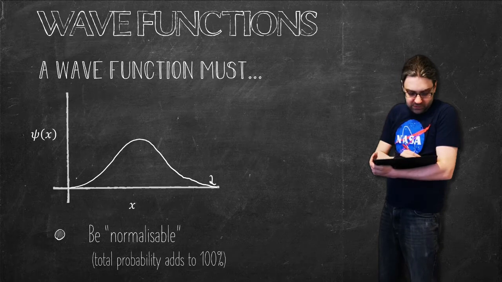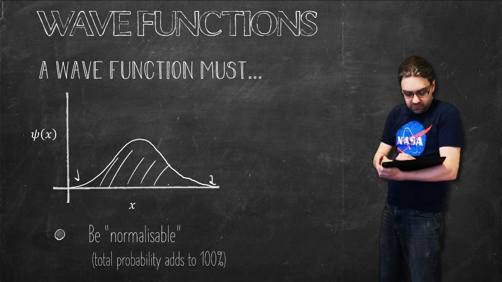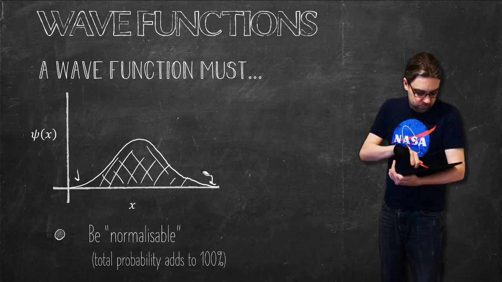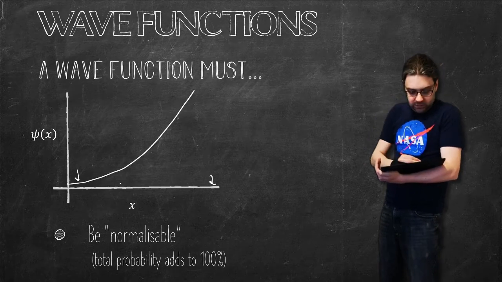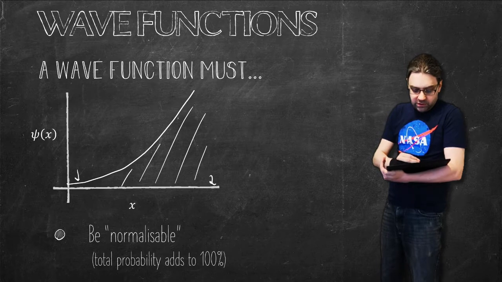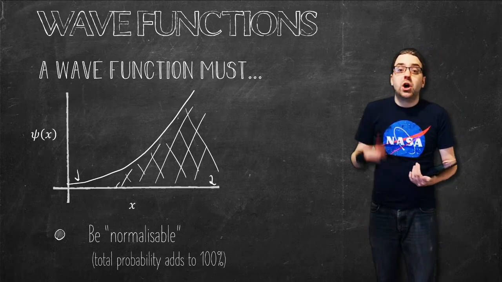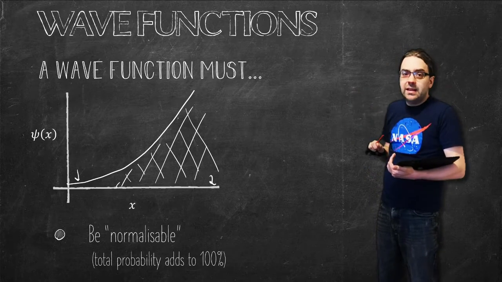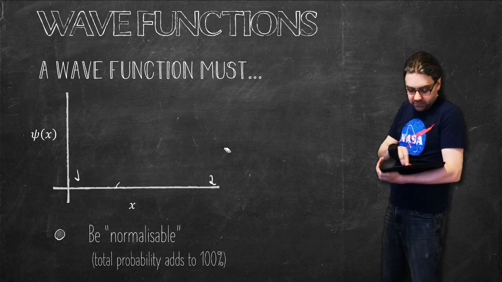If this drops down to nearly nothing here, then the area under this curve, which is sort of related to probability, can be scaled to 1. What we can't do is have a function that just shoots off like that, because suddenly the area under this curve can spiral out to infinity and we can't scale it down. So whatever this function is, we've got to be able to scale total probability to 100%.